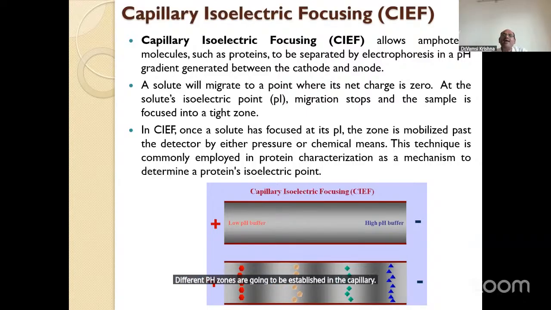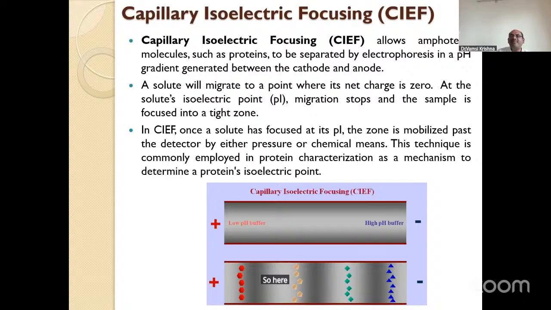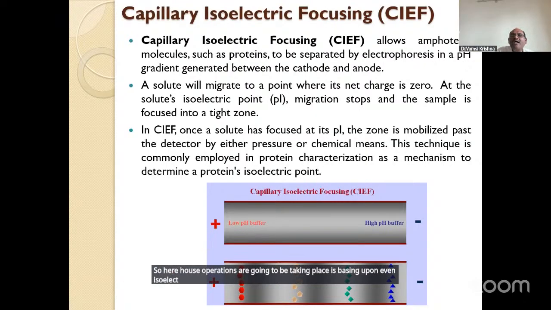Whenever you introduce your sample into the capillary, separation takes place based on charge. Based on the isoelectric point of your protein or peptide, it travels some distance in the capillary, and when the pH is equal to the pI of your analyte, the movement stops.